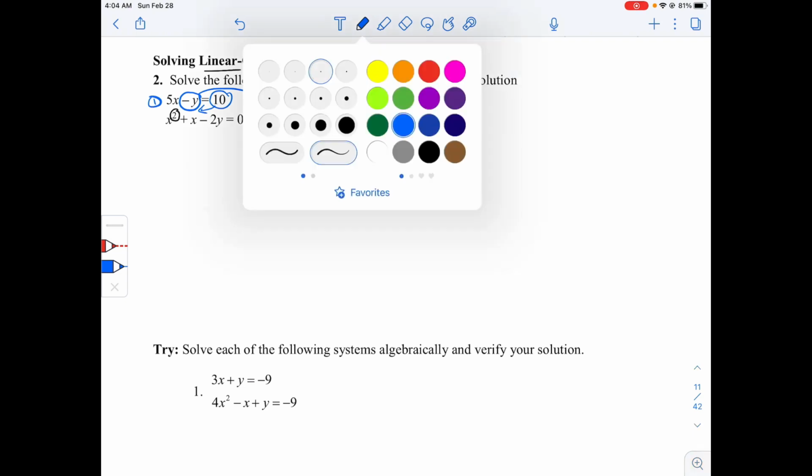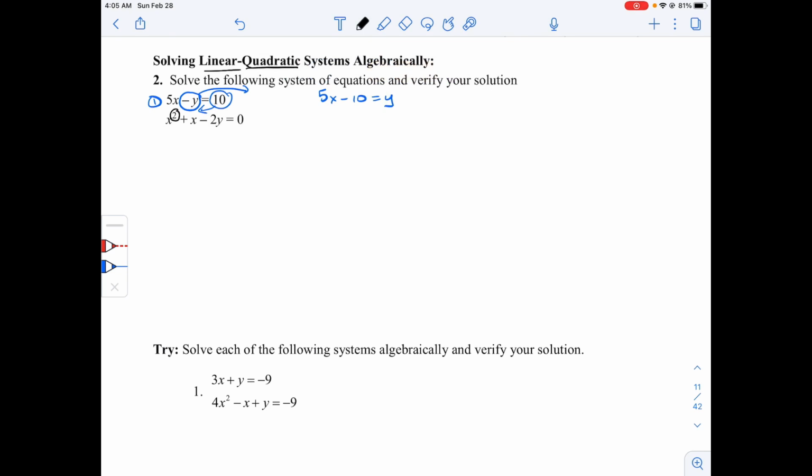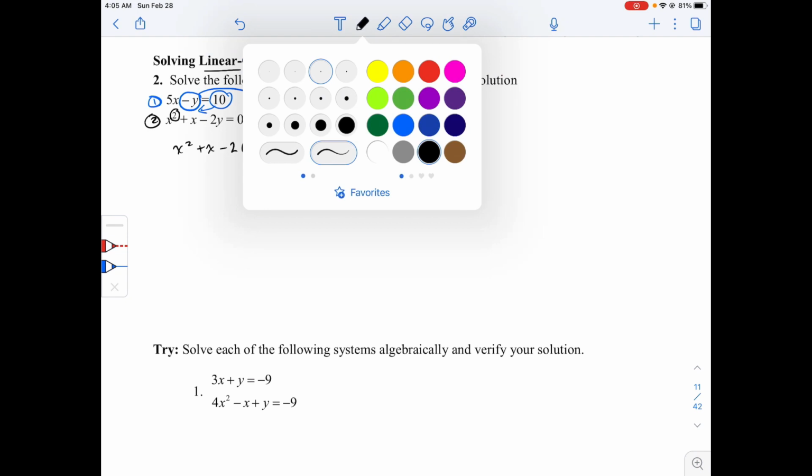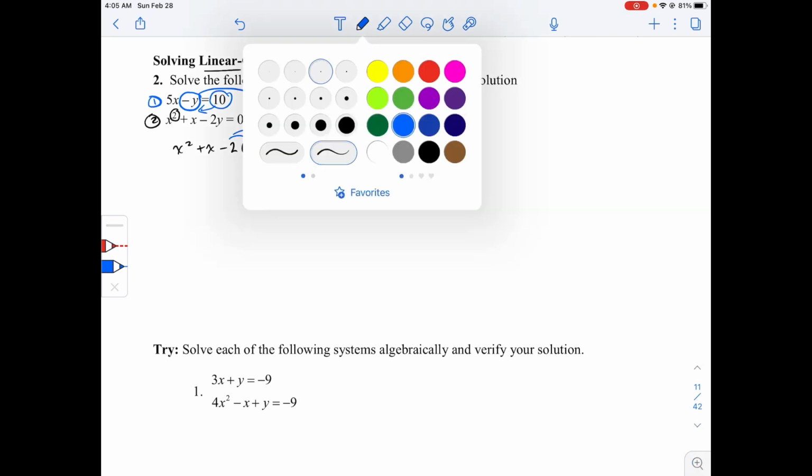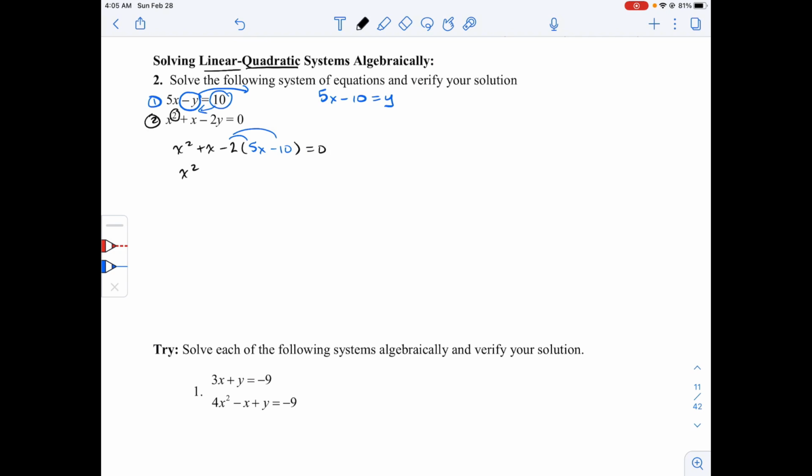Now I'm going to substitute into my second equation, x squared plus x minus 2 times y is equal to 0. Where I see y, we're just going to sub in the 5x minus 10. Let's distribute. We get x squared plus x minus 10x plus 20 equals 0.